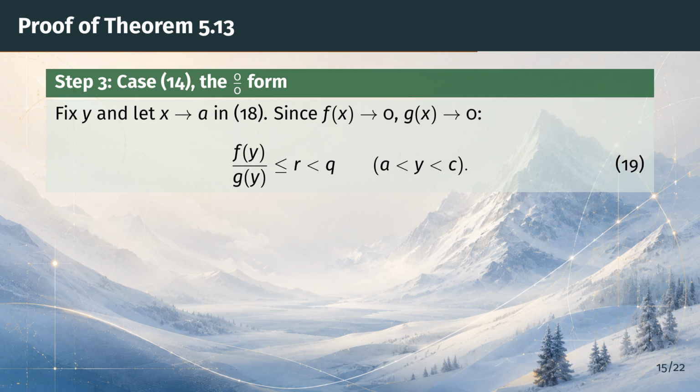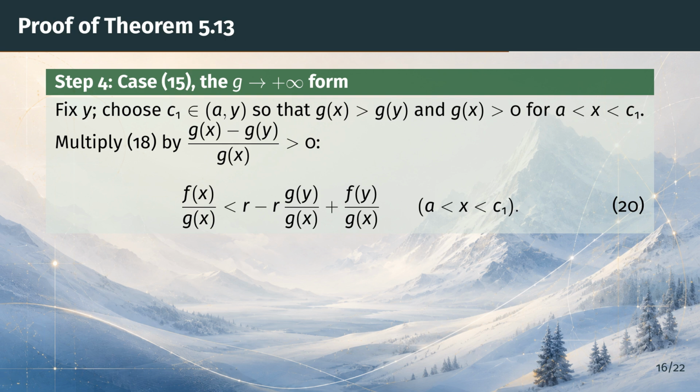Now the harder infinity case. Step 4 is the infinity case, condition 15, and it takes a little algebra. This time we keep y fixed and use that g of x tends to plus infinity. So for x close enough to a, say to the left of a new cutoff, c sub 1, the value g of x is positive and larger than g of y.